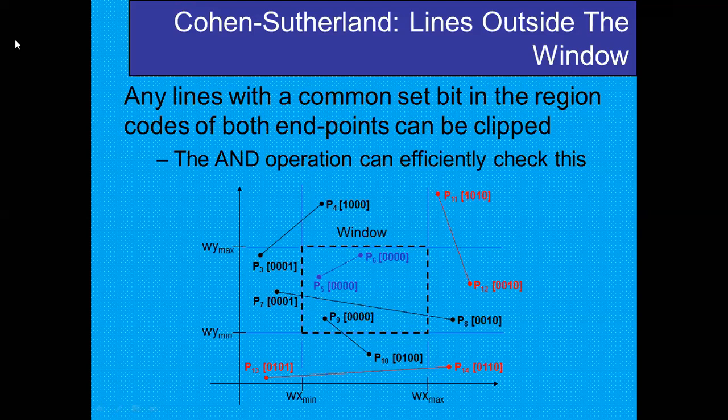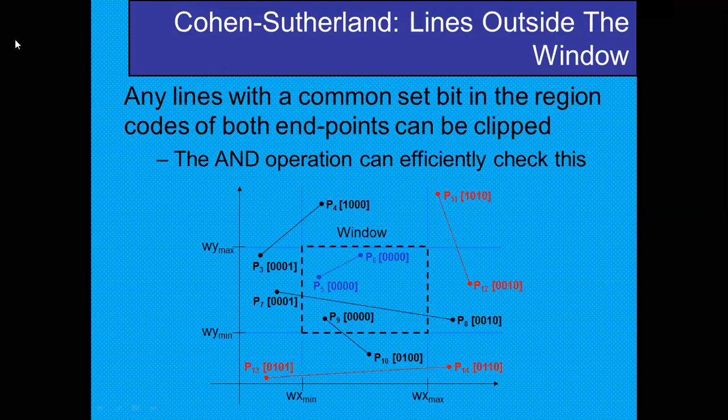Now there is one condition that arises. If any line is passing through the window edges, either a single window edge or two window edges, it may cross the window edges.